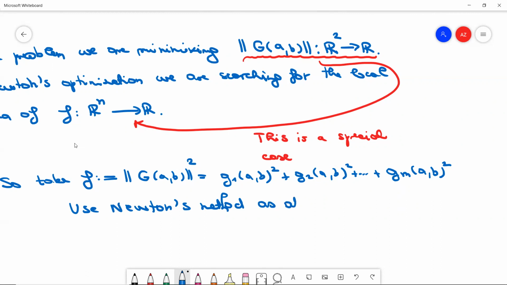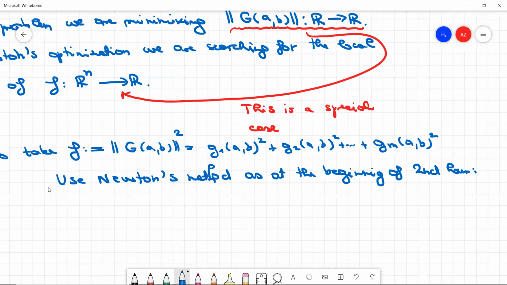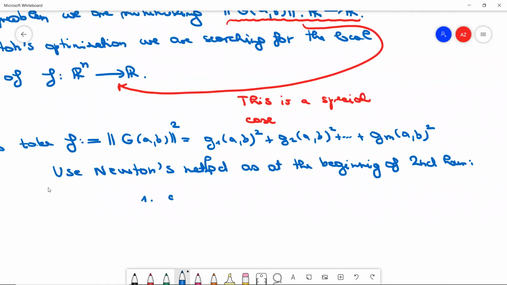As at the beginning of the second hour. So this means that what we do, so (a0, b0) is the initial approximate.